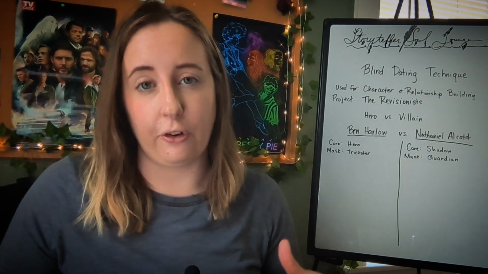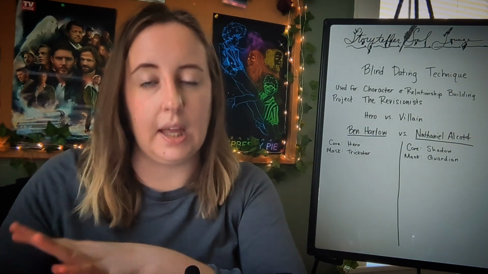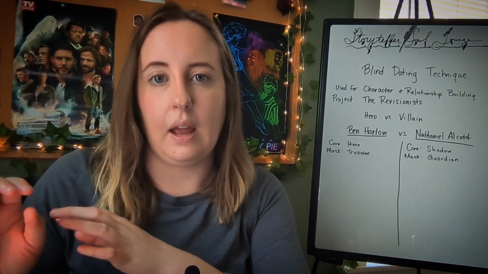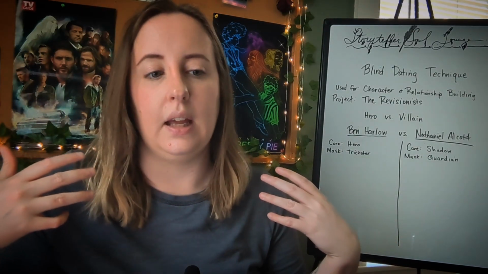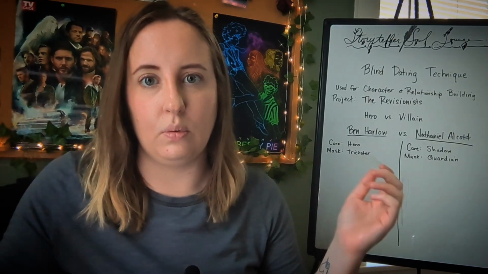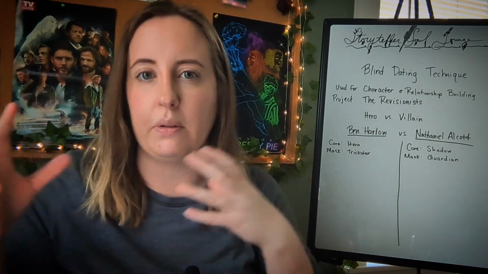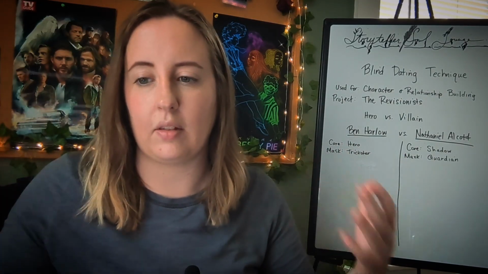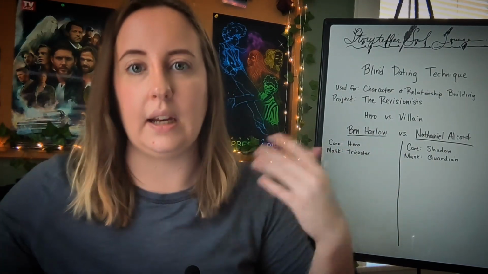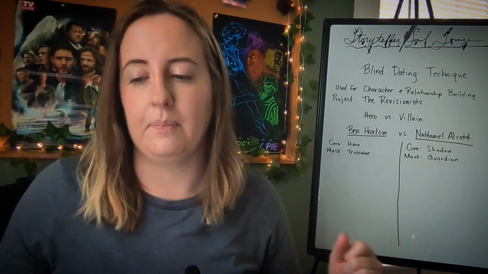What I have to do first is get into the sandbox and write the scene and then read it out loud too, because it's harder for me to be intentional with Ben and Nathaniel and envision what they're saying. So this has to come more from writing it out first and then seeing what unfolds.